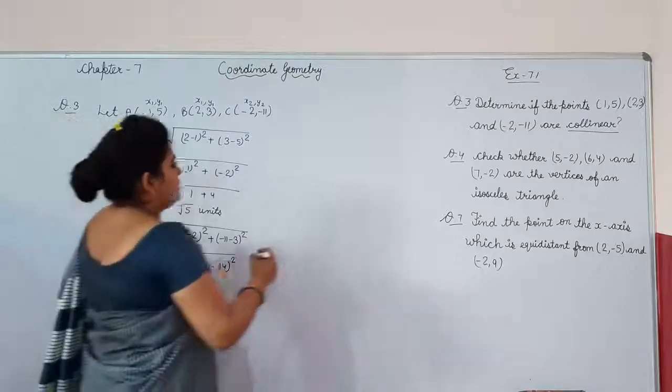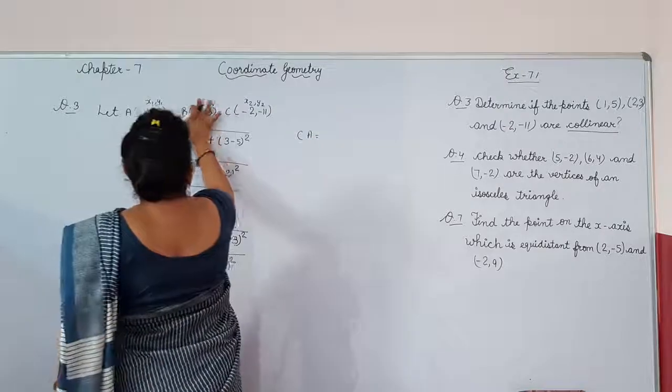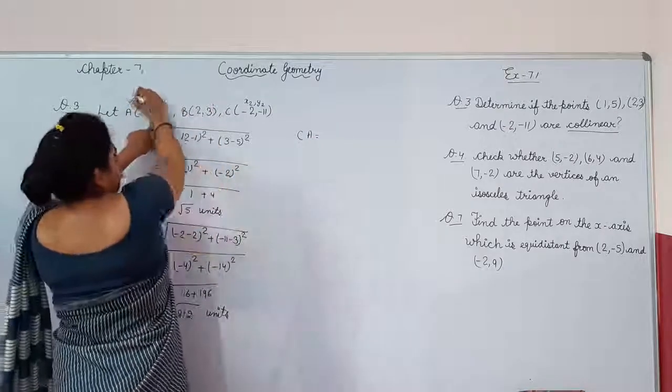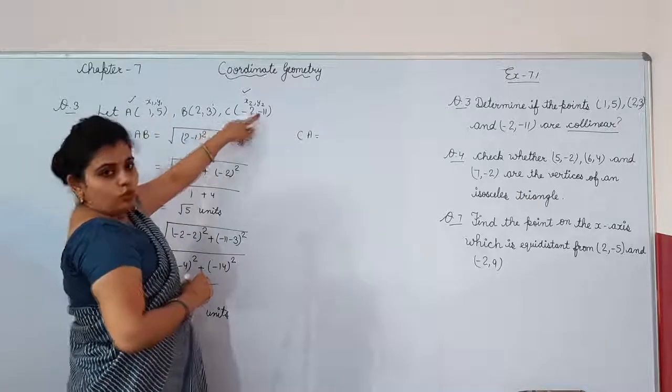Then CA or AC, now we have to take these 2 points, then it is x1, y1, x2, y2.